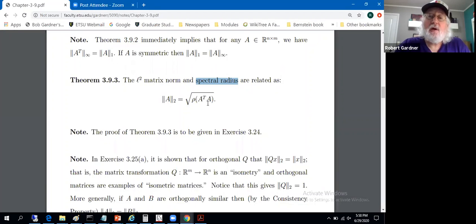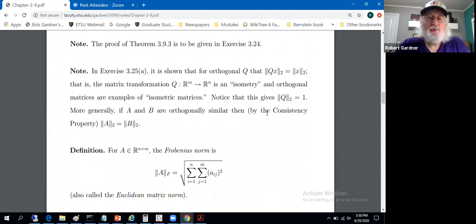Spectral radius, not even of matrix A, but of A transpose A. Well, we couldn't talk about spectral radius or eigenvalues unless we had a square matrix. So sure, we've got to consider something of the form A transpose A. A may not be square, but A transpose A is square. So there's a claim about a relationship between the L2 matrix norm and the spectral radius of A transpose A.